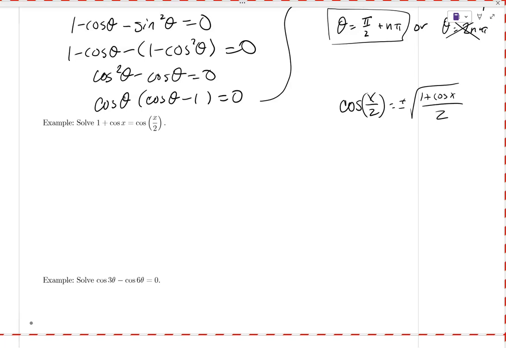Yeah, so again, the argument on the inside of the cosine on the right-hand side is double what's on the left. So plugging that in, and remember again, it's not quite always plus or minus, right? We have to remember it depends on what quadrant the x over 2 is in to start with. So that may play in at the end for our solutions.